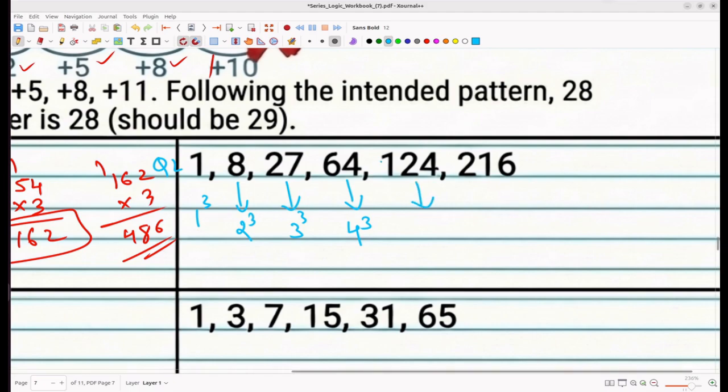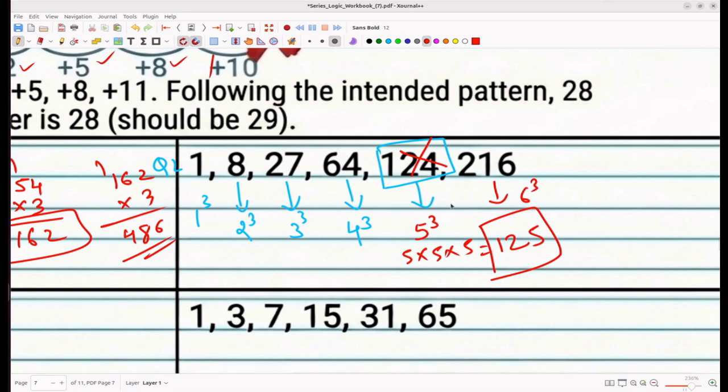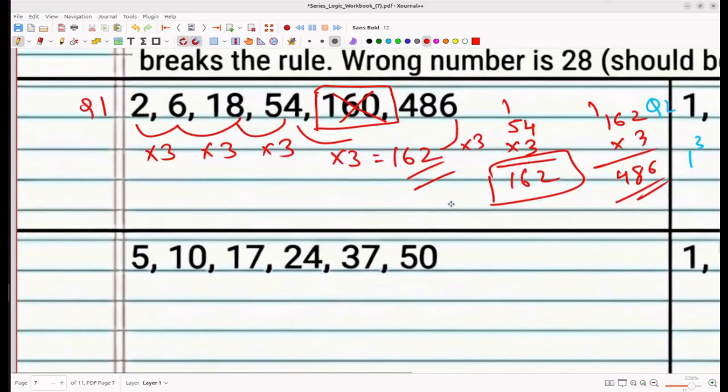Similarly here 125 should come, because what is 5 cube? 5 into 5 into 5: 5 times 5 is 25, 25 times 5 is 125. Here they have given 124 as the wrong number, so the right one is 125. Again 6 cube will be 216, which is correct. Like this we can identify the wrong number in the series.